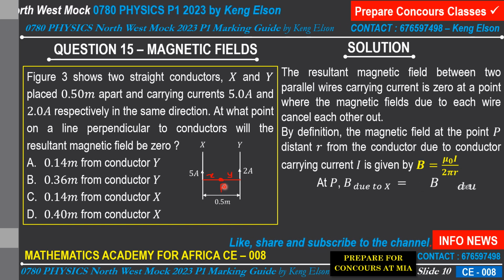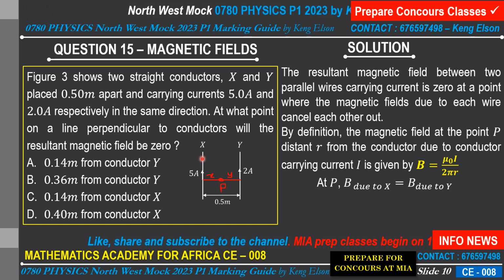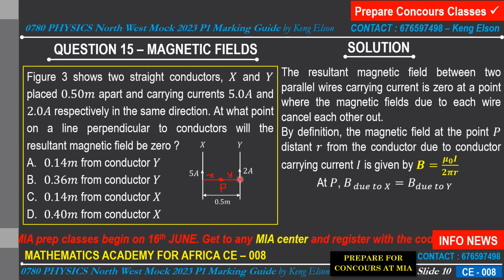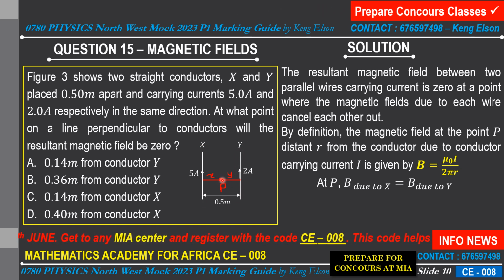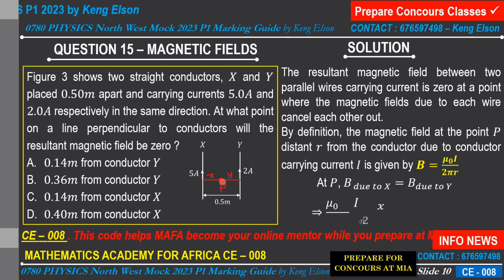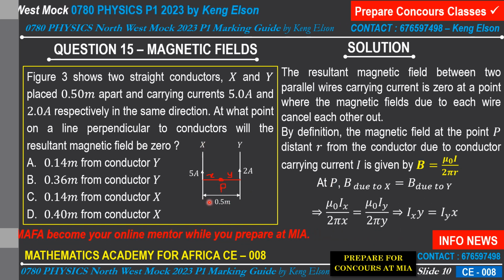Okay, so at point P, the magnetic field due to conductor X is equal to the magnetic field due to conductor Y, because at this point the resultant magnetic field is equal to 0. What is the magnetic field due to conductor X at point P?